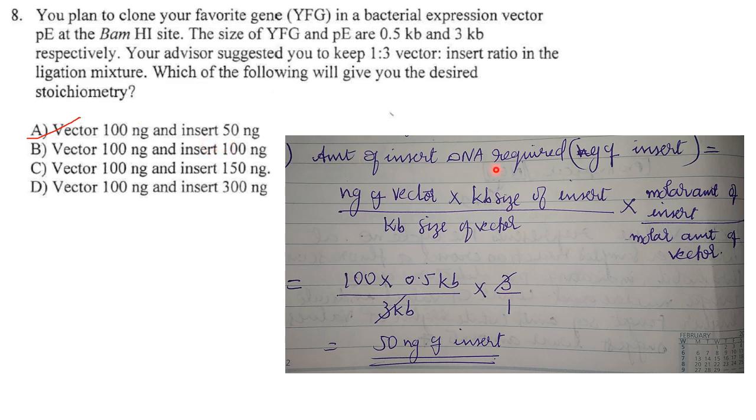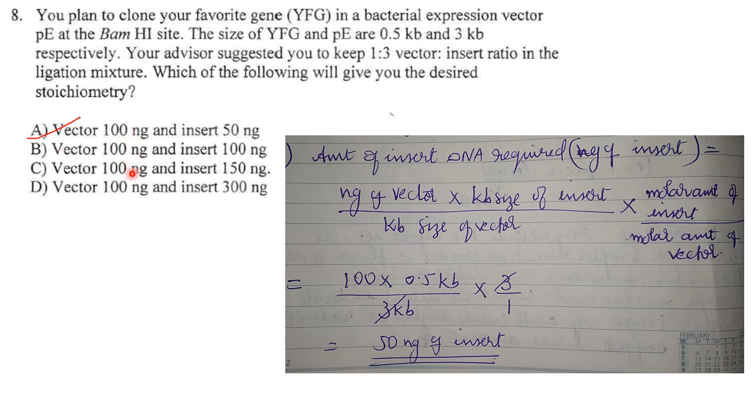So the amount of insert DNA required, that is nanogram of insert, is what you have to find out. So nanogram of vector into kilobase size of insert by kilobase size of vector into molar amount of insert by molar amount of vector. Now substitute the values. Nanogram of vector, they have given, is 100 nanogram.